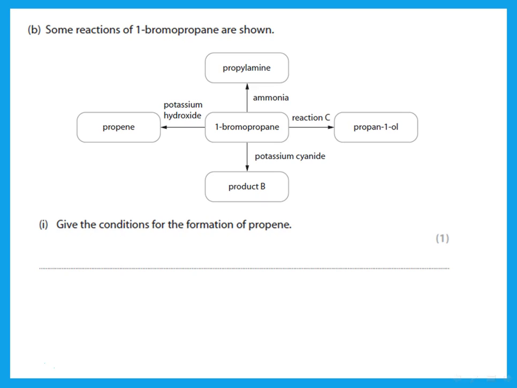Then he has several reactions and he's saying the 1-bromopropane, he's trying to change it into propene. And he already tells you that I need to add potassium hydroxide. So we're doing this to a bromopropane and we're trying to do an elimination reaction.